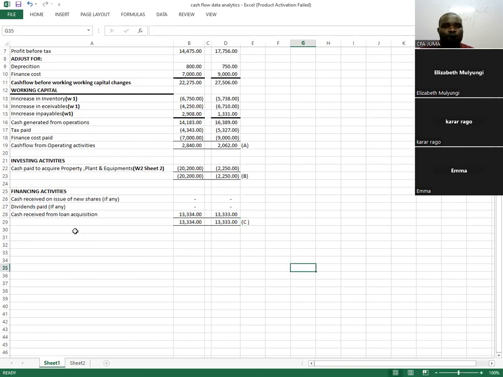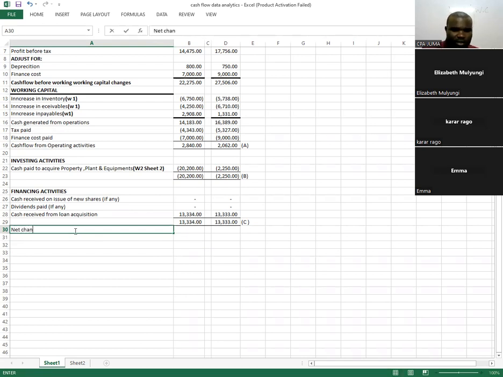Then now I say here net changes in cash flow. Net changes in cash flow is A plus B plus C, those three.